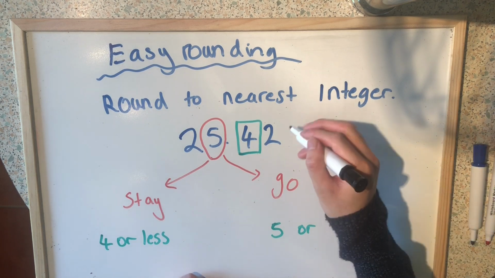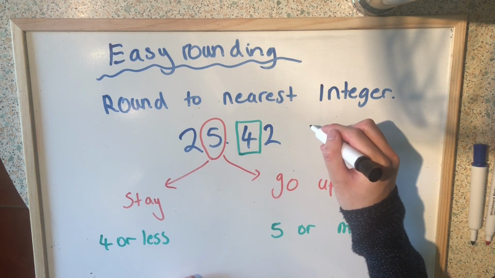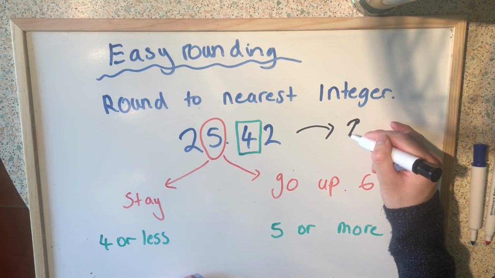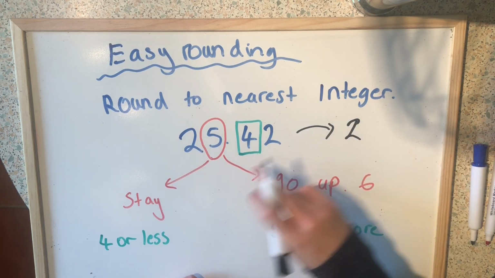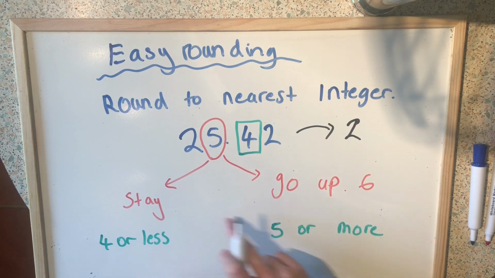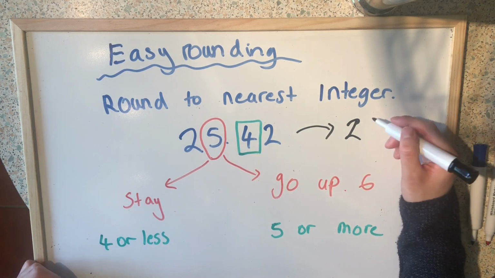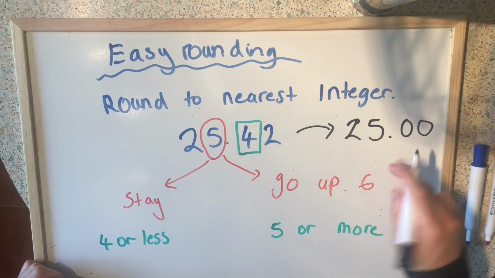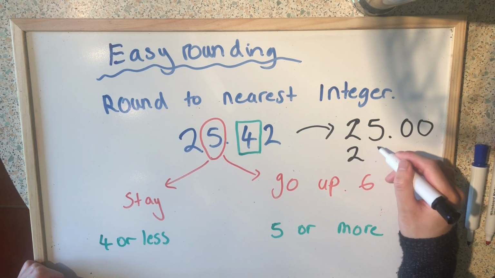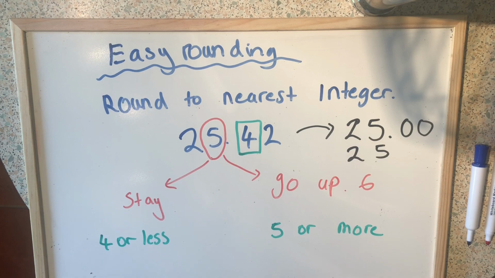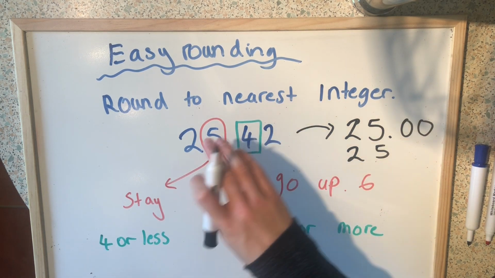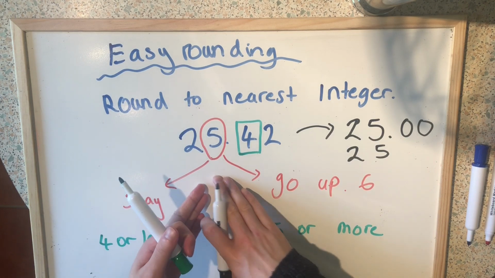So this whole number is going to round to, this 2 stays there, so 20, this 5 stays, and then anything after becomes 0. So it's just 25. It doesn't matter what this number is, we're only looking at the most important number and the number directly next to it.